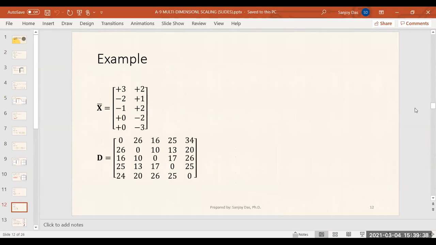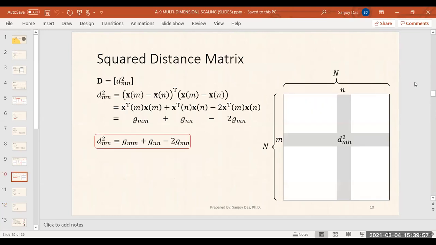Multidimensional scaling is a very classical statistical technique, and it's used in visualization. For instance, you have high dimensional data and you want to visualize them, or you don't have data at all; all you have is, let's say, pairwise distances between sample points.